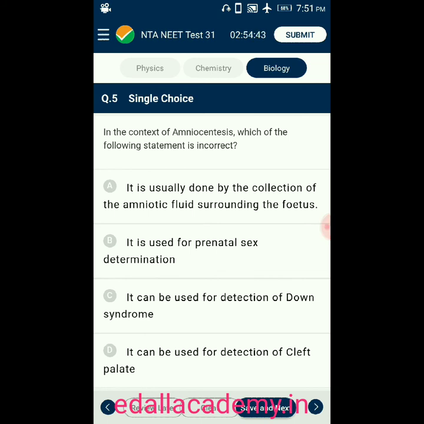Sometimes cleft lip or palate can occur separately without other components of a syndrome, especially due to folate deficiency and also increased maternal age. TIFFA scan, which is usually done around the 20th week of gestation, can detect cleft lip and palate with good accuracy. So the answer for this question is option D. It can be used for detection of cleft palate. So this is the wrong statement.